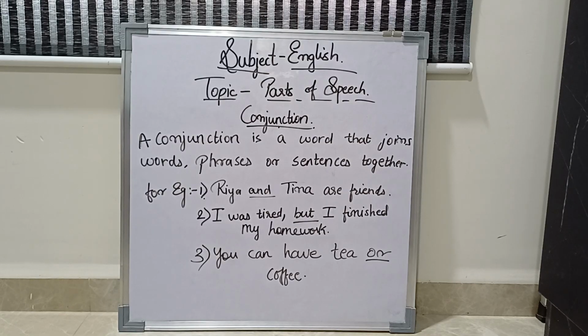So what is conjunction? It is a word that joins phrases, words, or sentences together. Now if I give you an example, to explain how it is, you have seen Indian TV serials, right? Like the daughter-in-law, the bahu of the family, tries to join the entire family.